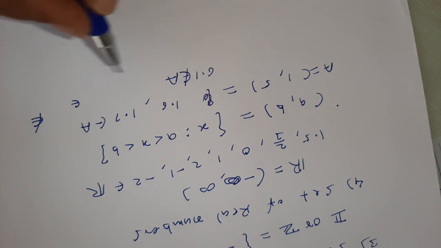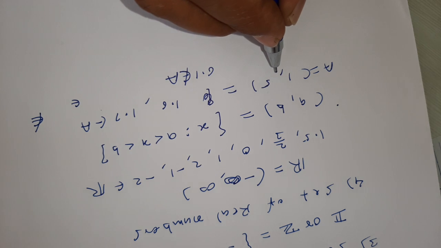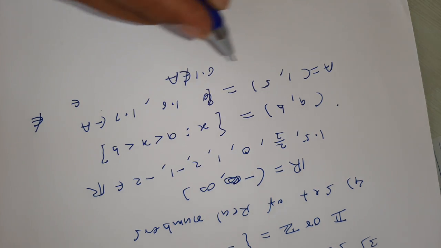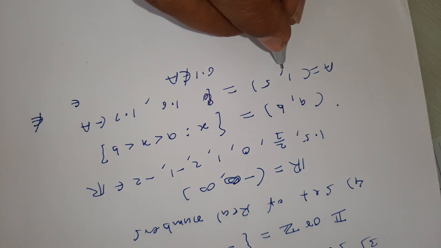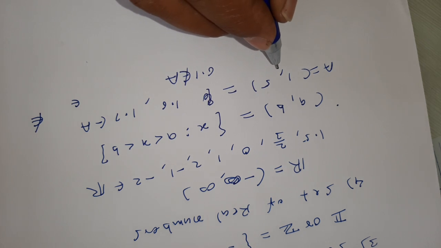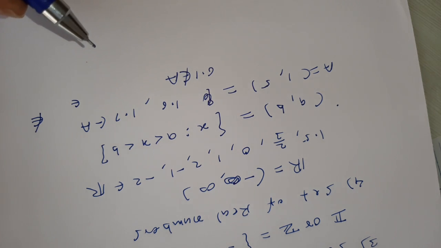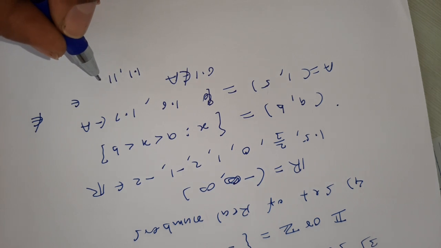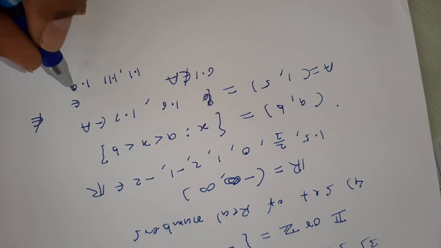Only 2, 3 and 4, these are the natural numbers that lie between 1 and 5. It is not correct to answer that only 3 numbers lie between 1 and 5. 3 natural numbers lie between 1 and 5. So how many total numbers lie between 1 and 5? Infinitely many. For example, 1.1, 1.11, 1.01, 1.001, 1.00001.